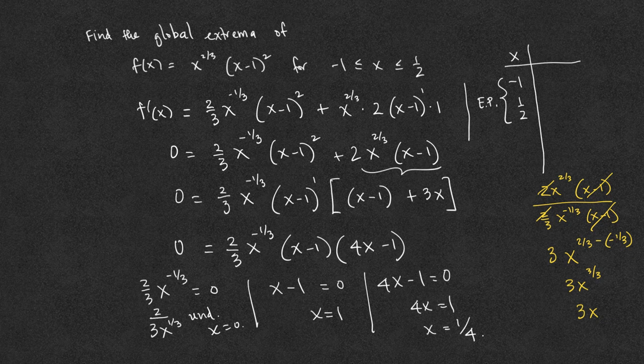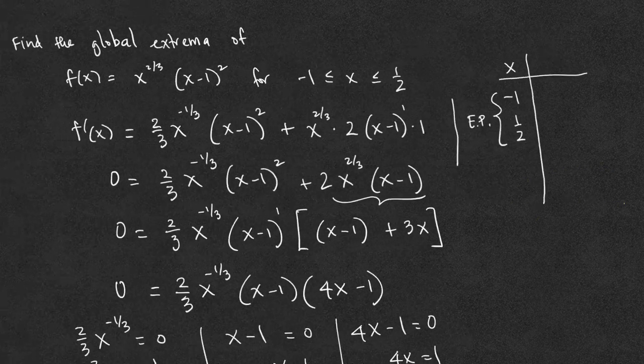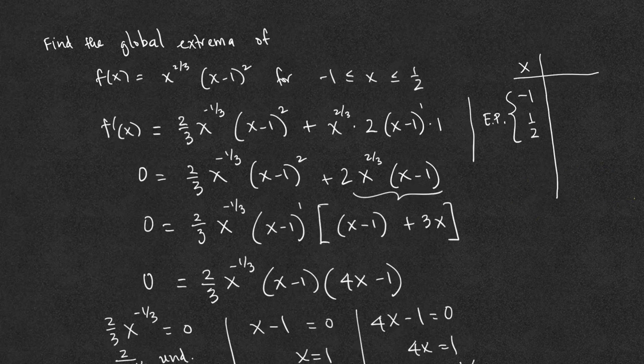The x values where the derivative is 0 are x equals 1 and x equals 1/4. The x value where the derivative is undefined is x equals 0. These are the critical points of the function f of x. We then add these critical points to the list of values in the table.